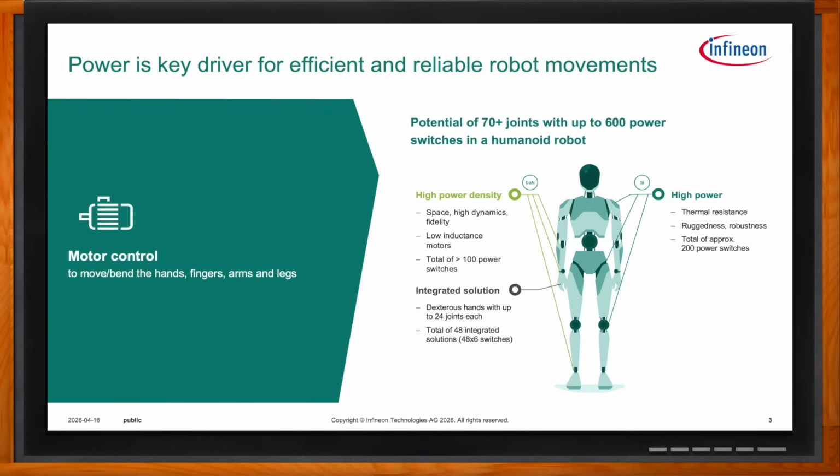Then there are the more critical areas where you need really high power density. So you need small drives with the ability to deliver high torque. And again, it gets down to making efficient use of the battery so that you have longer runtime, less heat, and all of that. At the end, I'll show you some integrated solutions that really put this together in the smallest possible form factor.